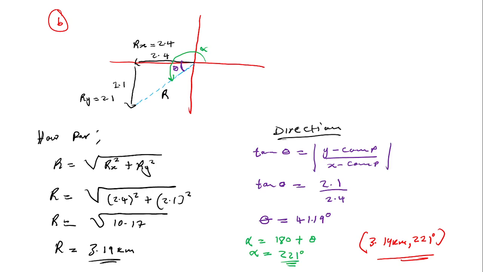Listen to what I'm instructing you. Place on your calculator 2.1 divided by 2.4. What are you having? I've pressed equal. 0.875. Okay, now place 0.875.